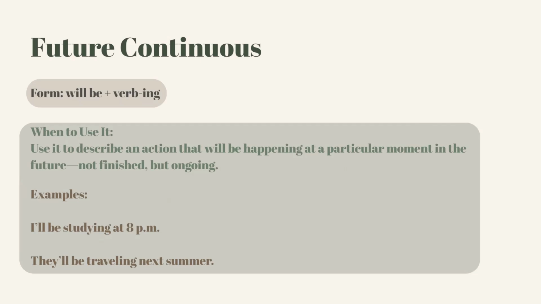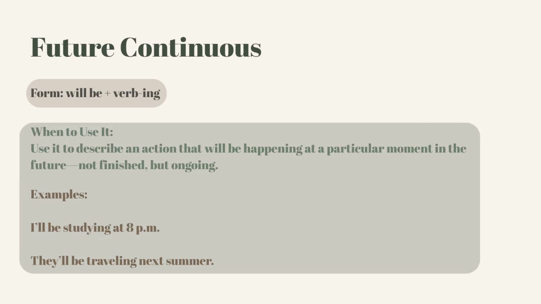Again, when you look at the sentence, just think about it for a moment and try to understand what it's trying to mean. And when I look at this sentence, I just see that they are not traveling right now, but they will be traveling in the future.